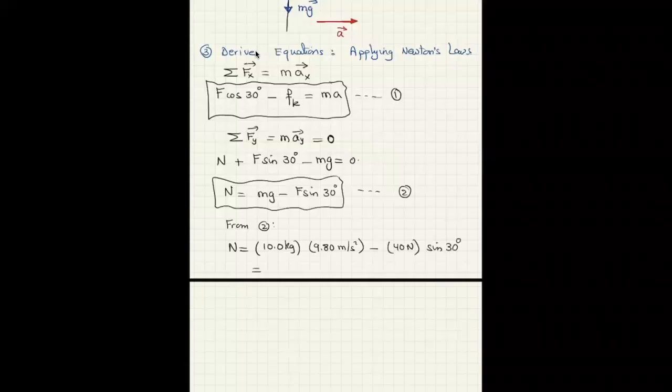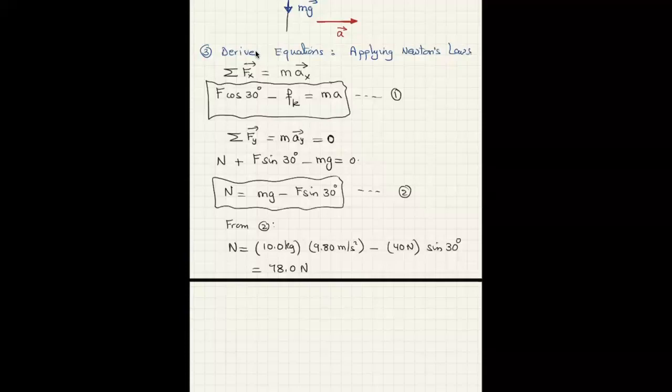Sine 30 is 1/2. Then, okay, let's see the numbers. This is gonna be 98 minus 20, and that is gonna be 78. Then this is the normal. It is 78 newtons.